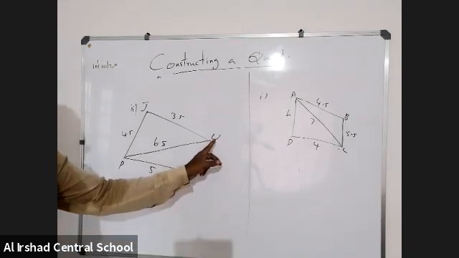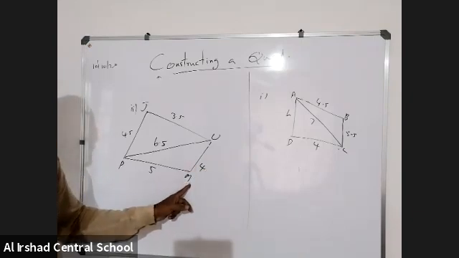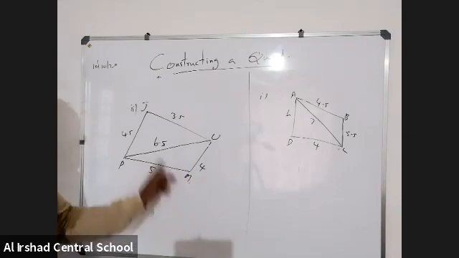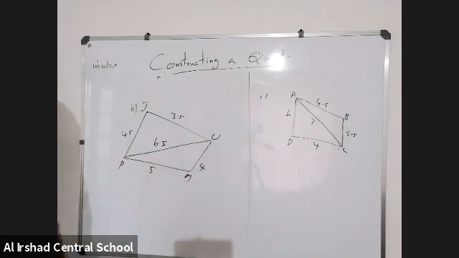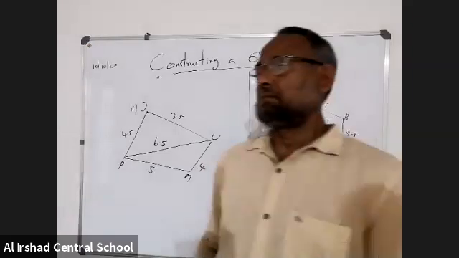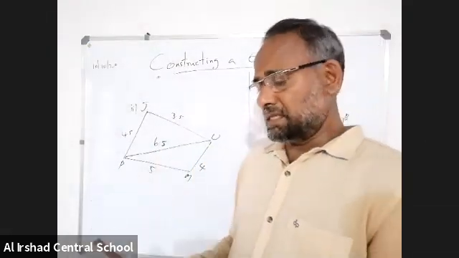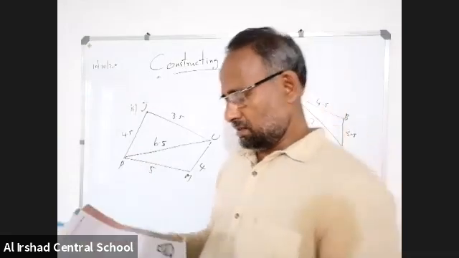Then with U as the center, draw another arc of 4 centimeter, UM. Mark the intersection as M. Join the 4 points. That is if they are asking for the steps of construction. You can write in your own way, but in the textbook you can see the steps of construction, the figure is for understanding only. Okay.